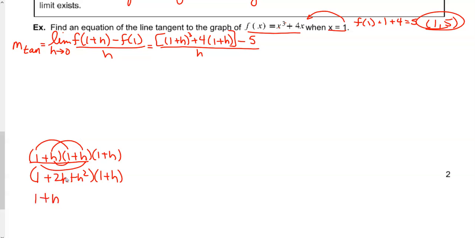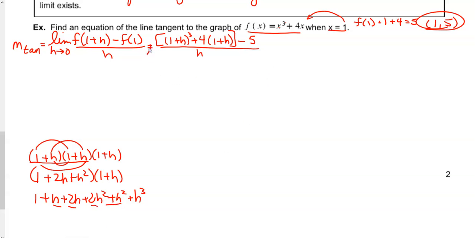Then I'm going to take 2h times each of those, so plus 2h plus 2h squared. Then I'm going to take h squared and multiply by both of these. So basically you're just doing a binomial times a trinomial distribution. So I get another h squared plus an h cubed this time. So if I were to combine all of this together, I get 1 plus 3h plus 3h squared plus h cubed.